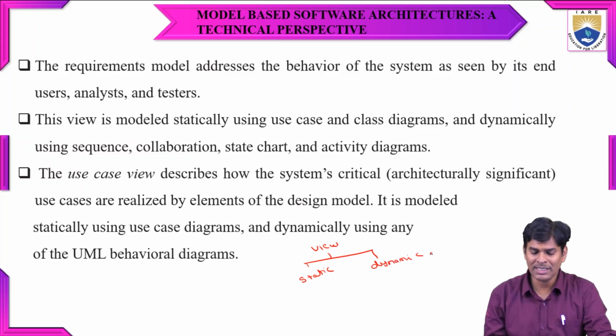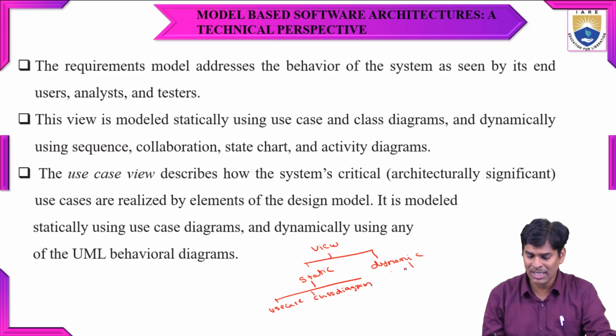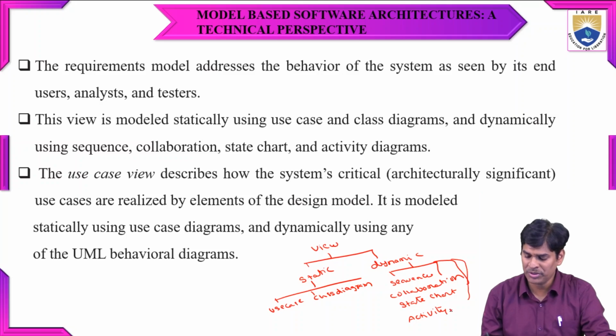So in the static, we may have the use case and class diagram. This comes under the static one, whereas the dynamic ones are the sequence diagram, the collaboration diagram, the state chart, and the last one is the activity diagram. So these will be used for the dynamic views.